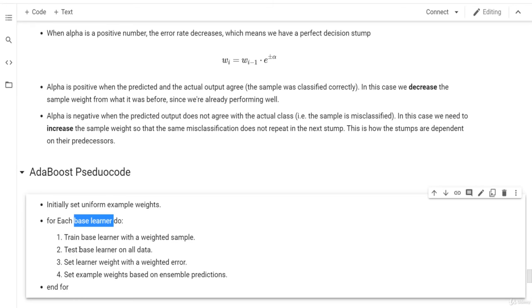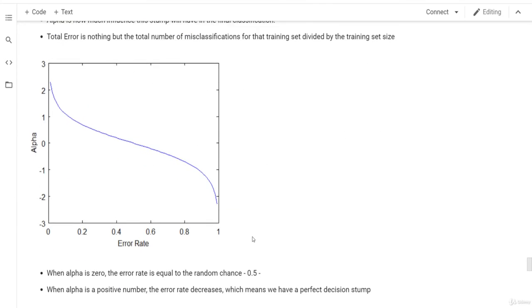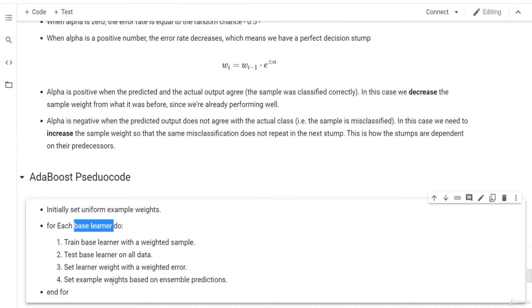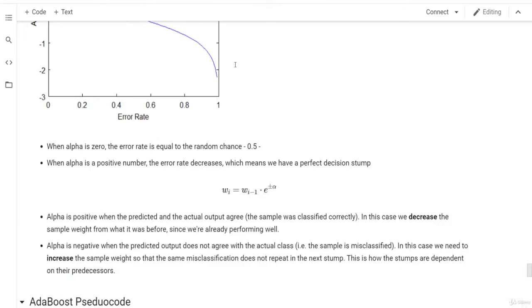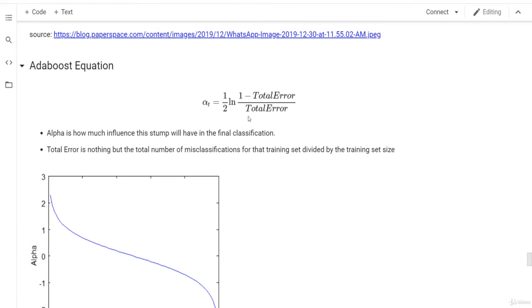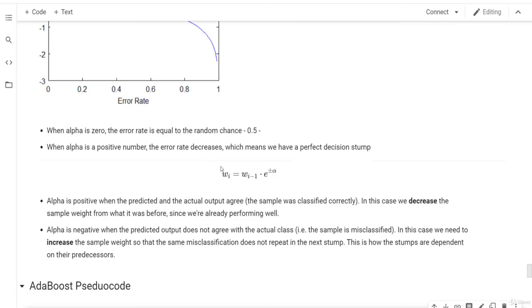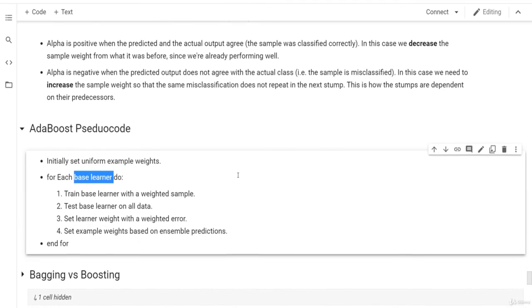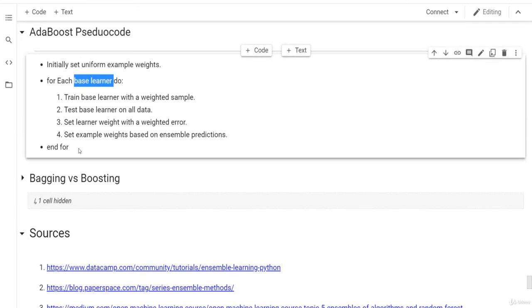Test the base learner on all the data, set the learner weight with the weighted error, the alpha. And after that, set example weights based on the ensemble predictions. So we will get alpha for each decision stump and then get the weights for each sample, and repeat the process again until the end of the loop. So this is basically the AdaBoost pseudocode.